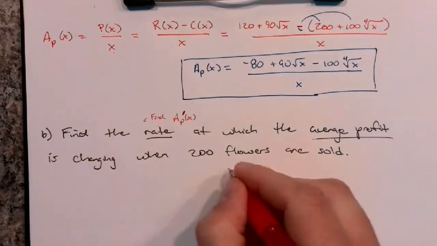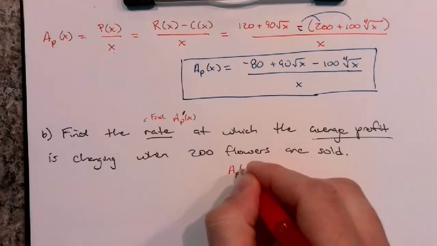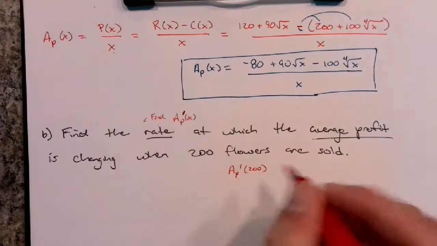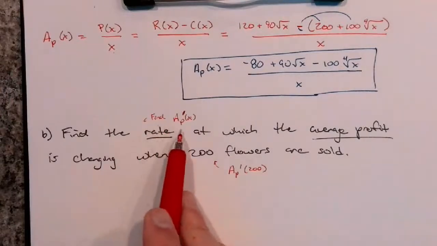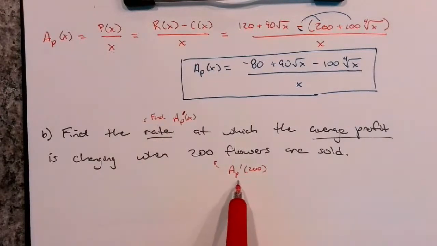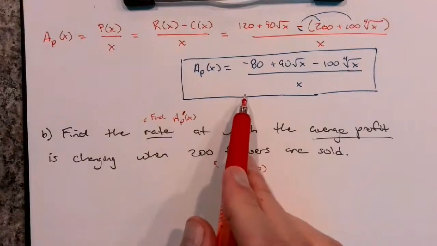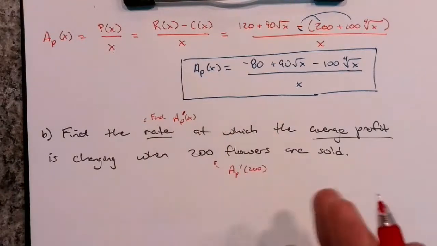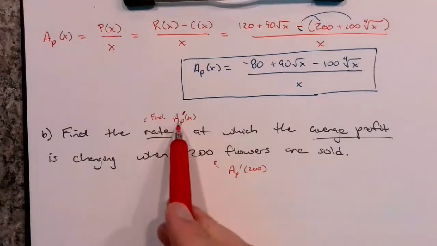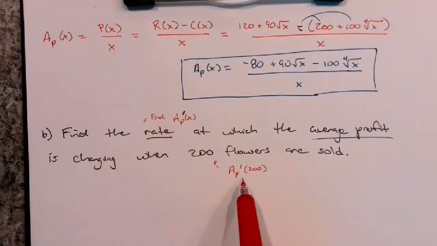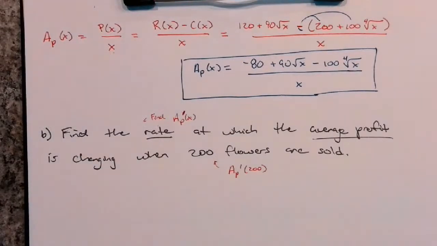So this is actually saying find A sub P prime of 200. But first you have to find the function, then you sub the 200 in. You can't sub the 200 in first because then you just have a constant, and the derivative will always be 0. So you always want to take the derivative of the function first and then substitute in the value when you're asked to find the rate of change at a specific point. Derivatives are the instantaneous rate of change.